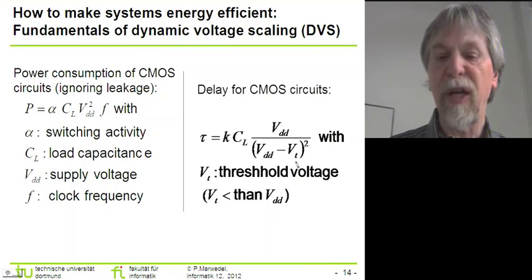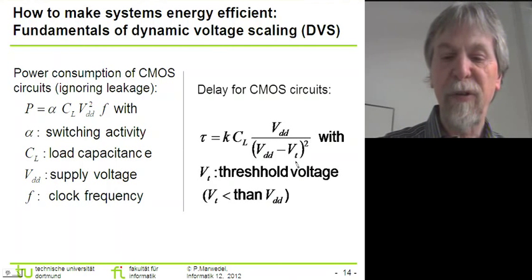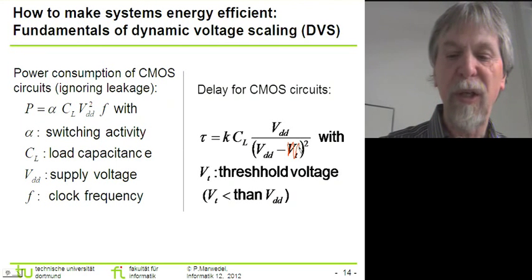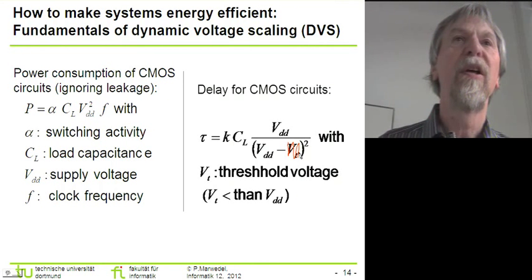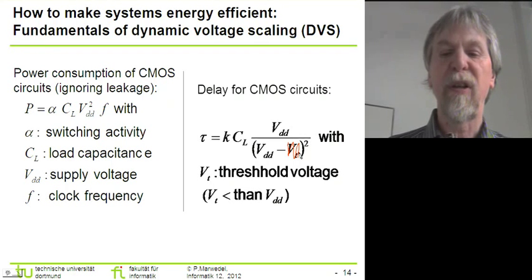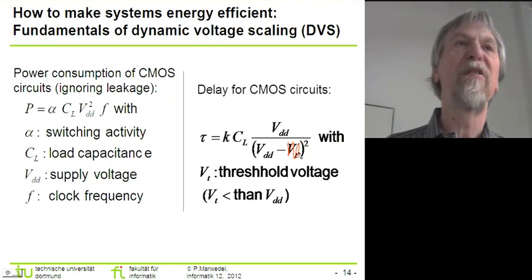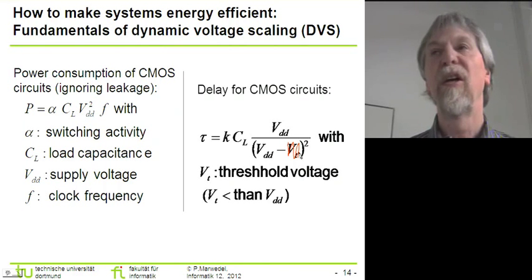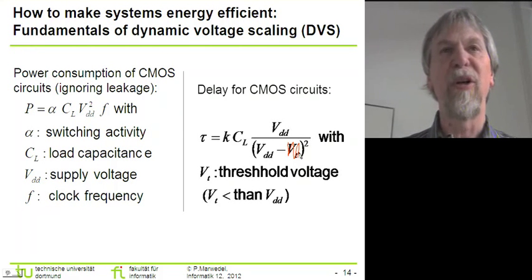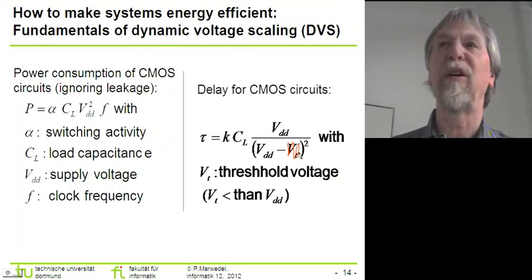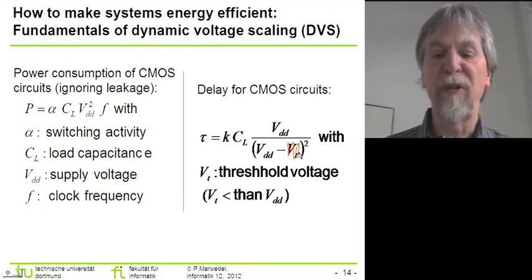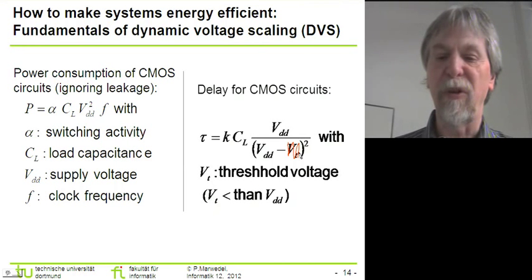Now, for the time being, for the sake of simplicity, I'm assuming that we can exploit the fact that the so-called threshold voltage is, in some cases, at least small compared to the supply voltage. This difference is getting smaller and smaller, but for the sake of simplicity, I'm assuming that we can ignore the threshold voltage there.